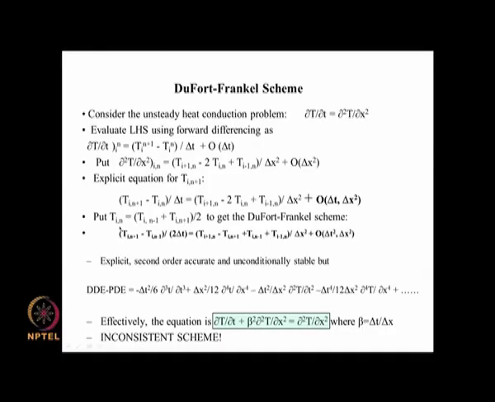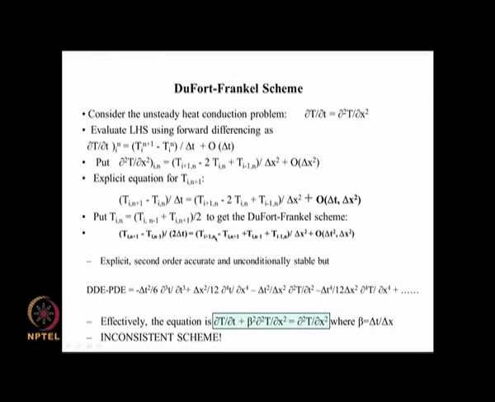So, if you substitute that expression into this, then we get an equation of this particular form, okay, and this is the equation by which we can evaluate T_i^(n+1). What we see here is that on this side you have T_i^(n+1), but that is at the same location here.